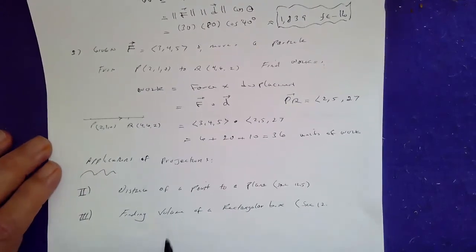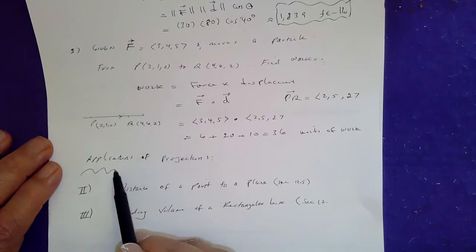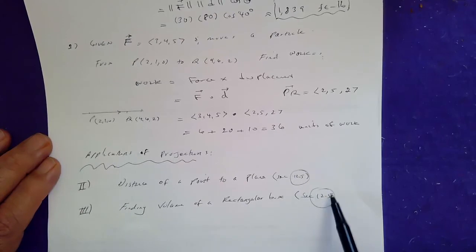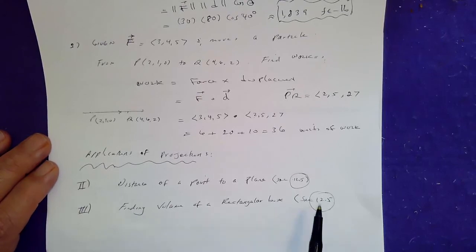So what are other applications of the dot product, or I should say the applications of the projections? Well, you will see these applications in section 12.5. One of them is using the projection idea to find the distance between a point and a plane. And the other one is finding the volume of a rectangular box.